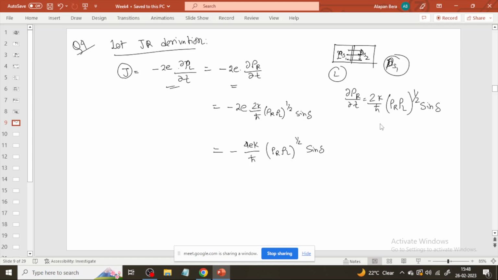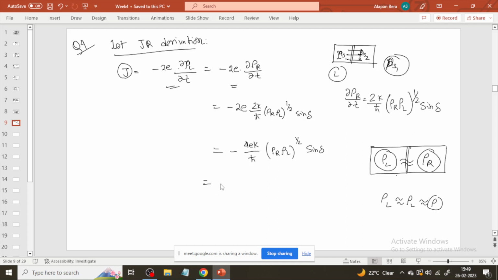Now, in the case of this Josephson junction, the density of Cooper pairs in the left superconducting region is rho L, and the density of Cooper pairs in the right superconducting region is rho R. They are almost the same. Okay, they don't vary too much. So we can express rho R and rho L as some constant rho, which represents the density of Cooper pairs in both the left zone and the right zone.